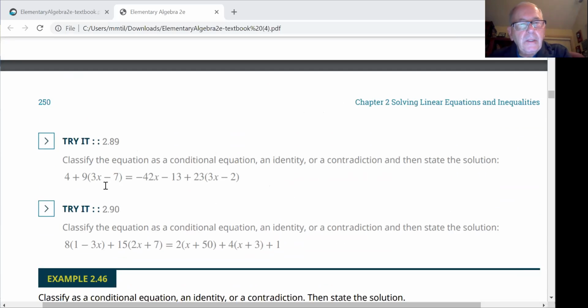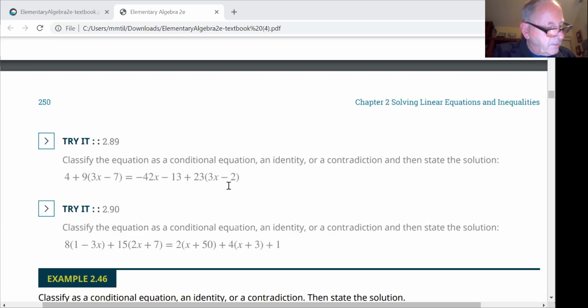So let's look at this one. We're going to try this, and I'm going to have you both work on it. And then I'll give you a few minutes. So write this down: 4 plus 9 times 3x minus 7 is equal to minus 42x minus 13 plus 23 times 3x minus 2.